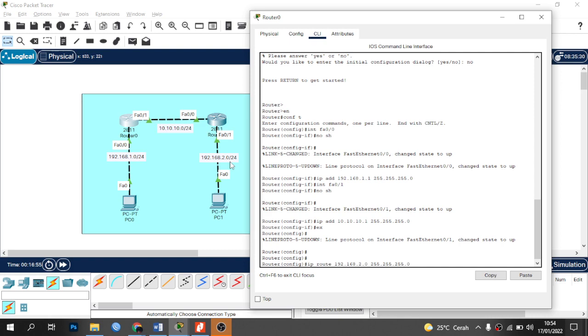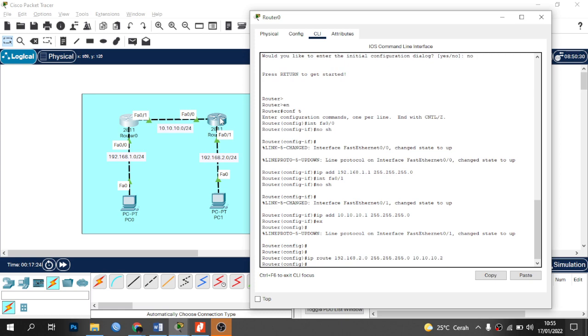And for last, enter the command gateway that leads to the link. Okay, the gateway is the IP on interface FA0/0 in router 1, 10.10.10.2, enter. Okay.